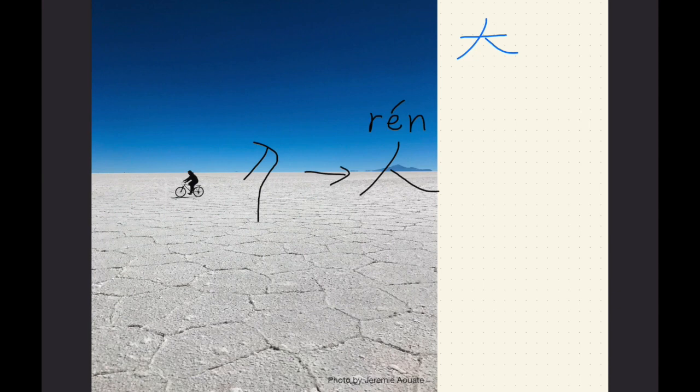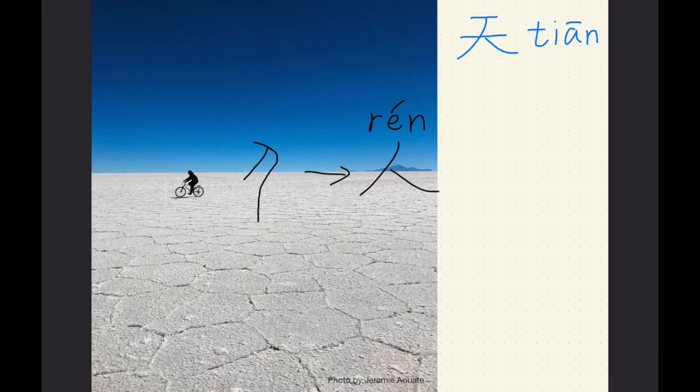We add one more hyphen above us, then we get the word for heaven. 天.